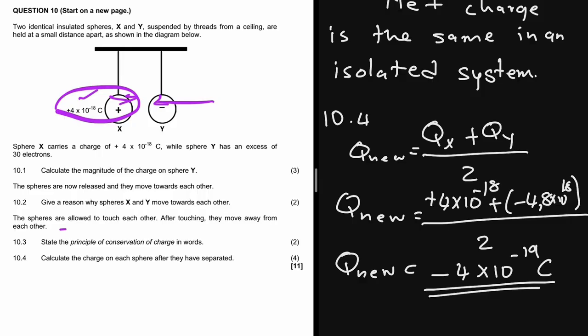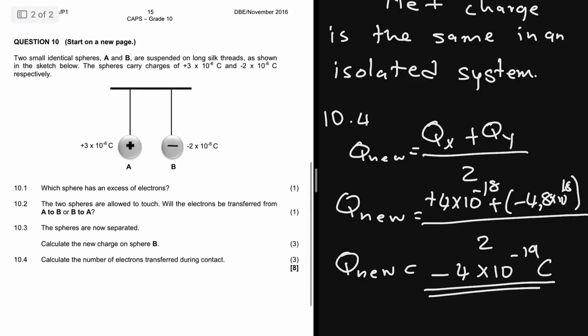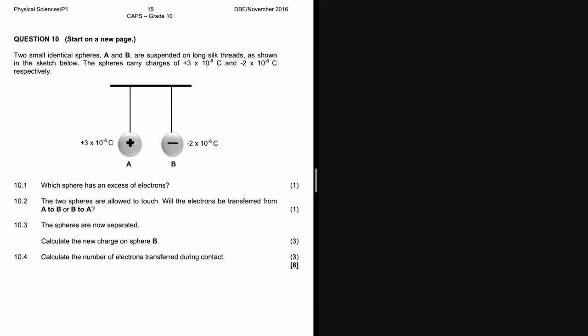So we can continue now to answer the next question. It says two small identical spheres, A and B, are suspended on a long silk thread as shown in the sketch below. The spheres carry a charge of positive 3 times 10 to the power of negative 6 and negative 2 times 10 to the power of negative 6 respectively. The first question, which is 10.1, says which sphere has excess of electrons.